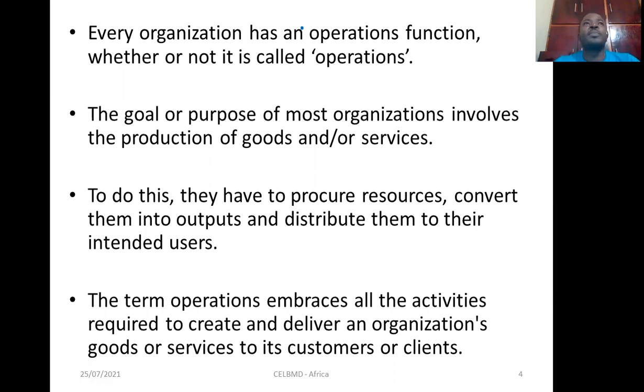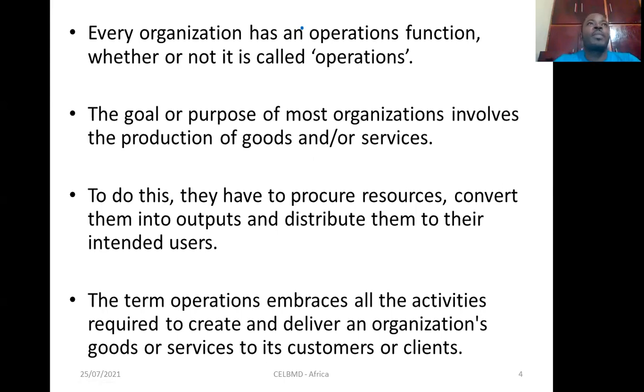And so therefore, the term operations covers every aspect that is required to create and deliver the value that an organization trades for money.